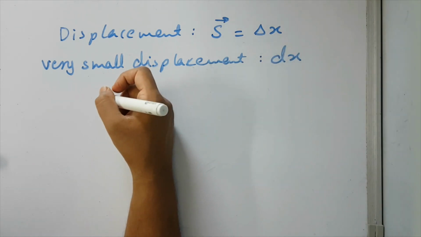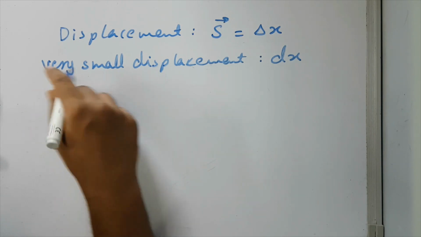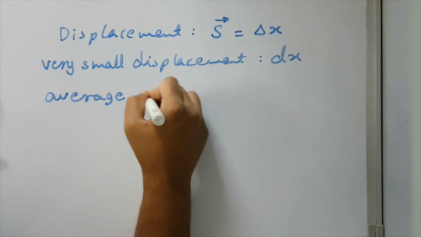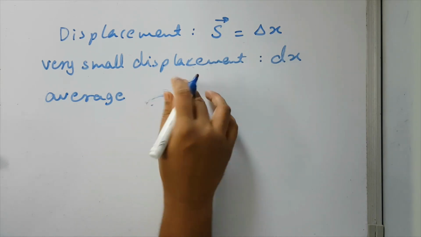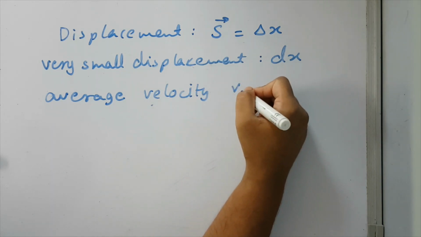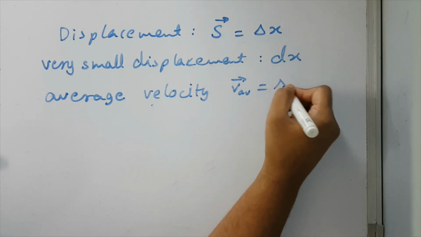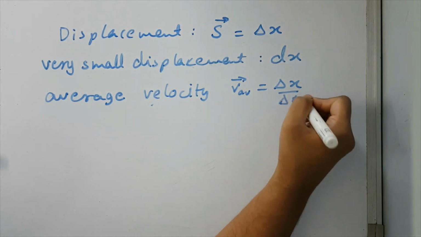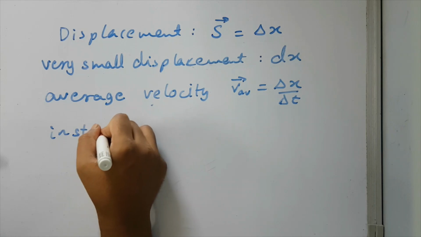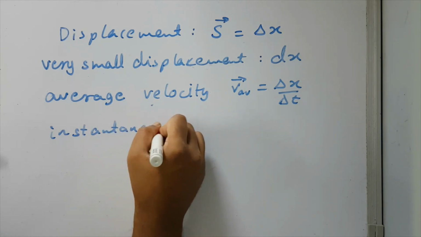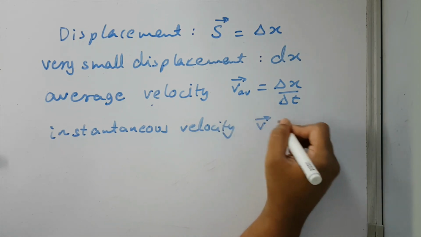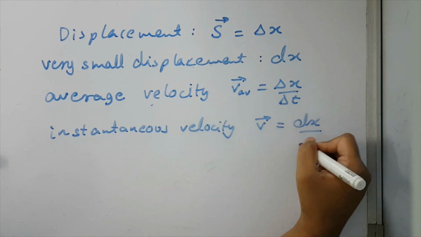All right, then the average velocity, VAV, can be written as delta x by delta t. Then instantaneous velocity, just v vector, can be written as dx by dt.